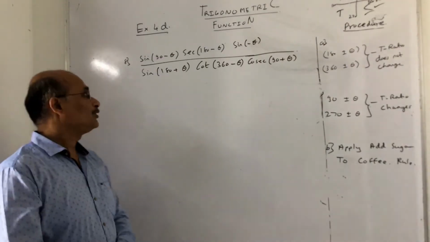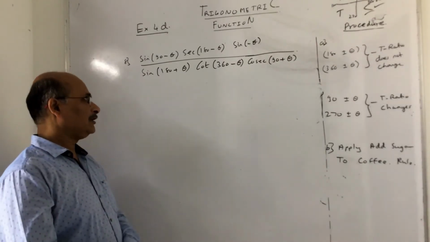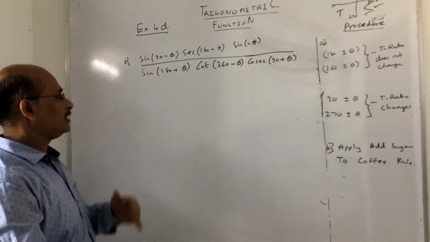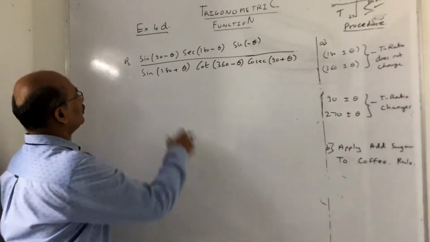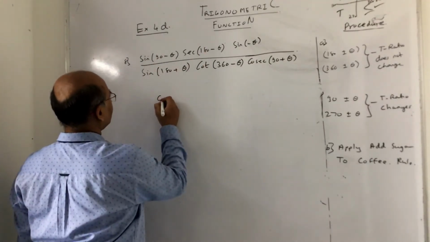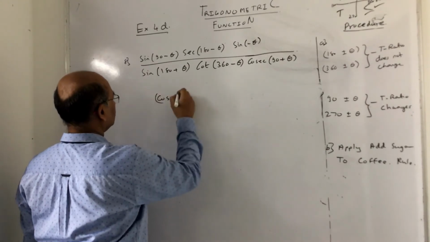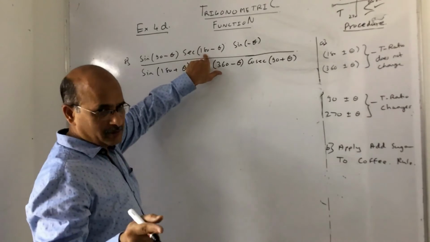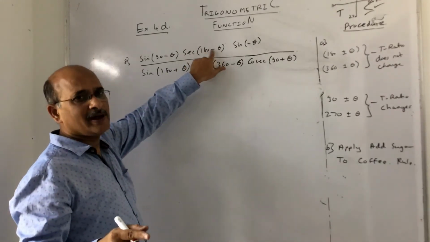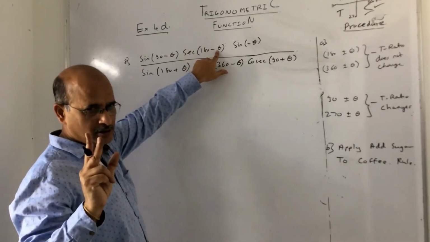Now they are again asking us to simplify this. It is given in theta, the answer has to come in terms of theta. So let us just apply the rules which I had studied. Now sine of 90 minus theta, everybody knows it is cos theta, into. Now hold on. For 180 and 360 the ratio remains the same, 180 minus theta. Now 180 minus theta is which quadrant? Second quadrant, right?